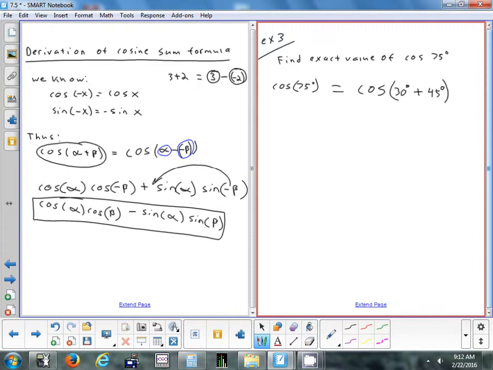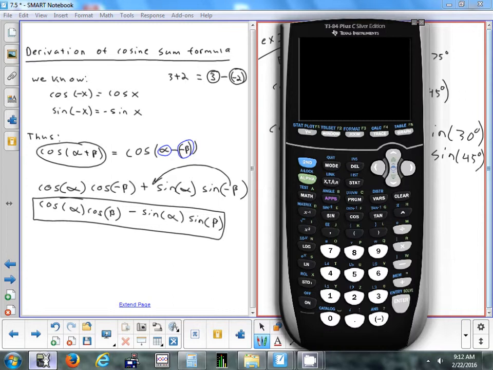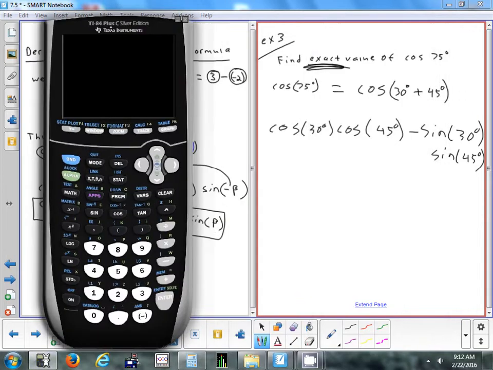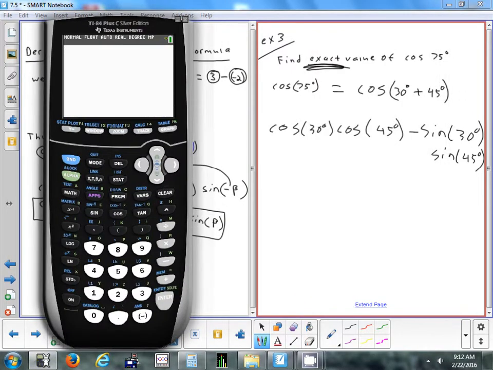All right, so we've got cosine, cosine minus sine, sine. And we've got to write all these as exact answers. Okay, so we put up cosine 30.